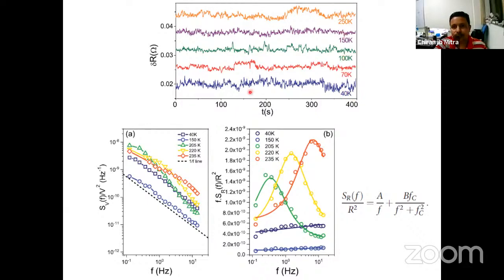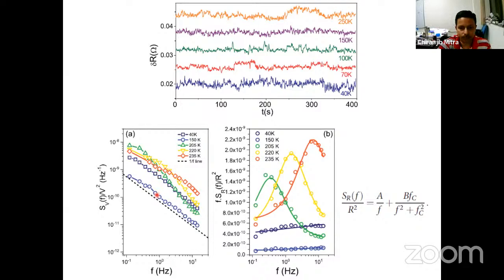When we evaluated the power spectral density, we plotted it as a function of frequency, and this straight line is a 1/f line. Here we can see that there is a deviation in a certain region from the 1/f noise.